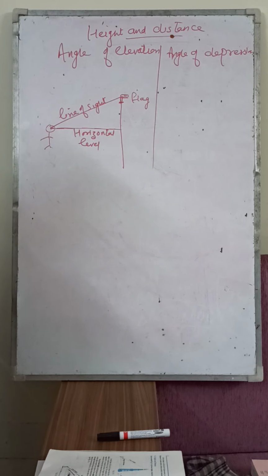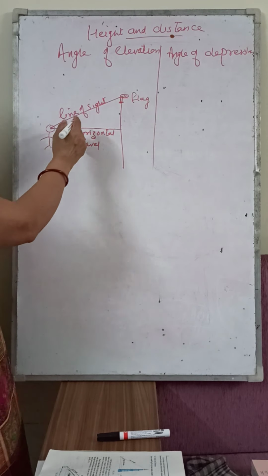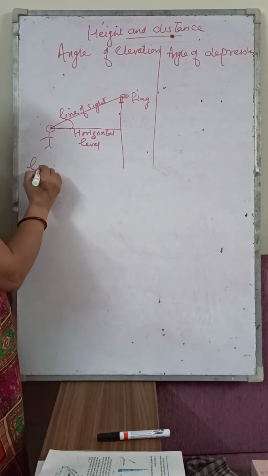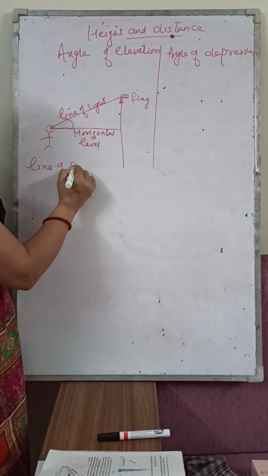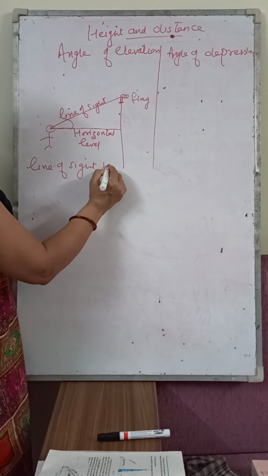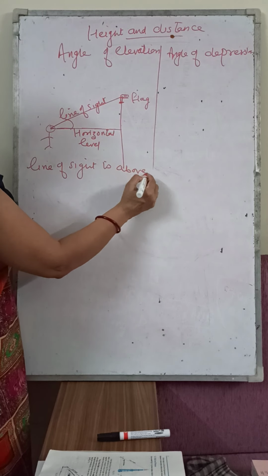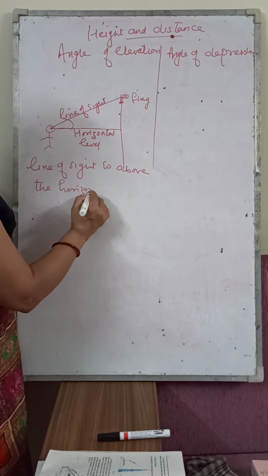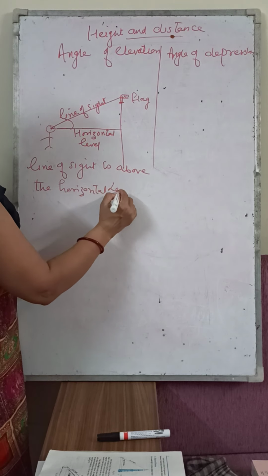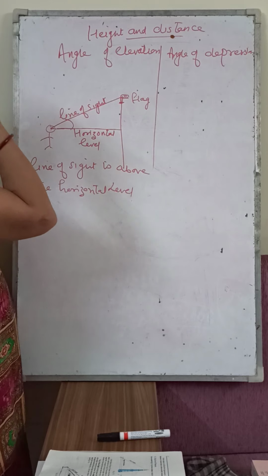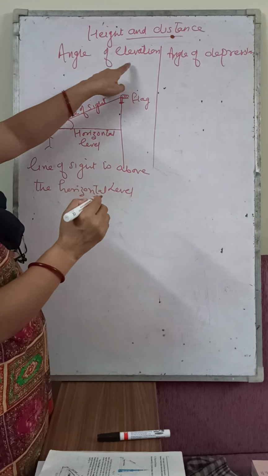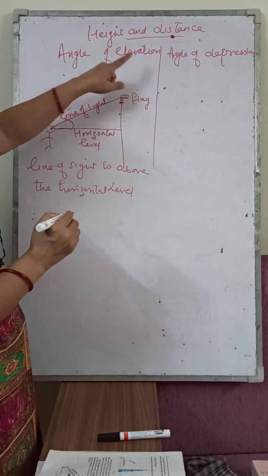When the line of sight is above the horizontal level, then the angle which is formed will be called the angle of elevation.